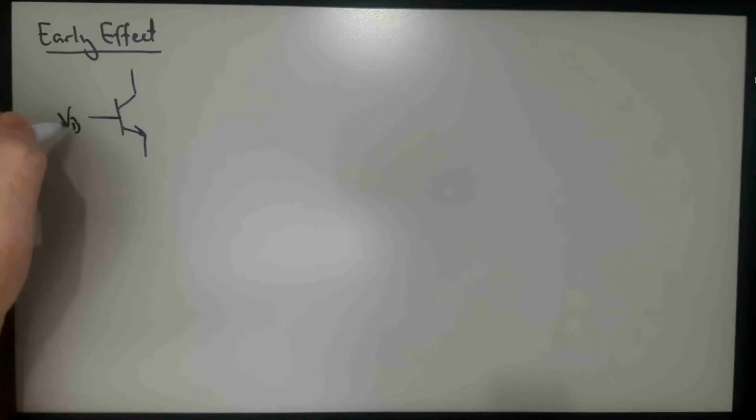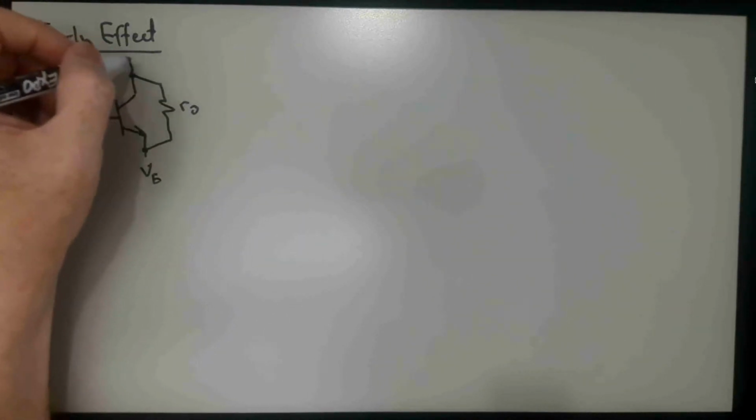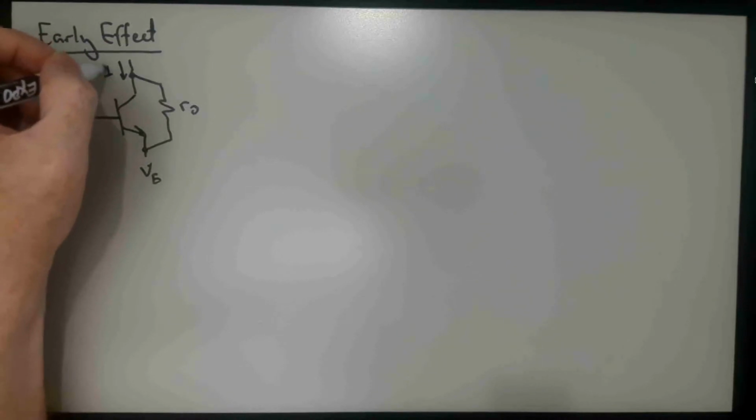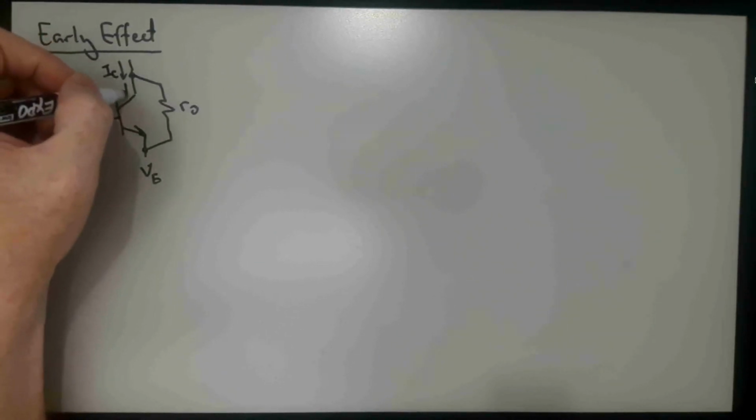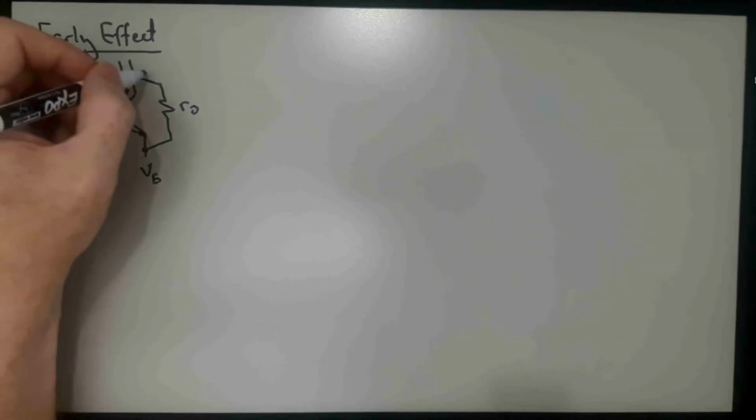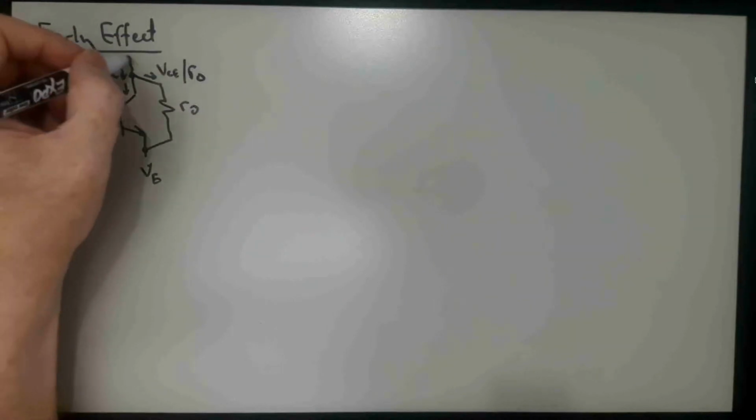And so we developed an empirical model, effectively, which involved having our idealized transistor, the base and the emitter. And where we want to take into account the early effect, we put a resistor whose value was RO in parallel with our ideal transistor, so that the current IC was ICO plus VCE over RO.